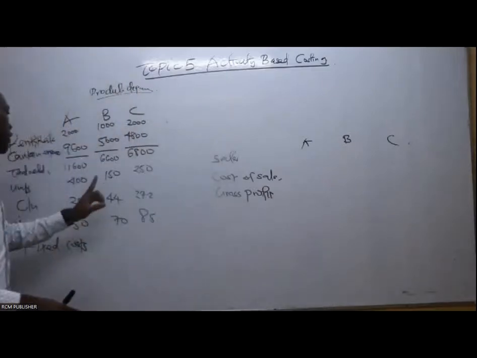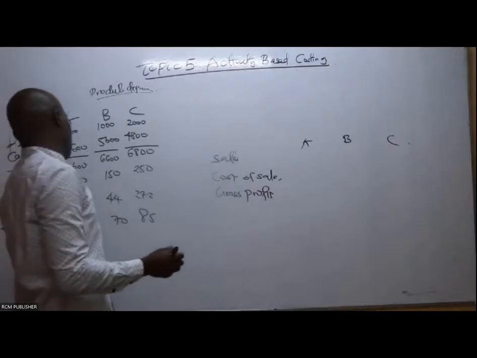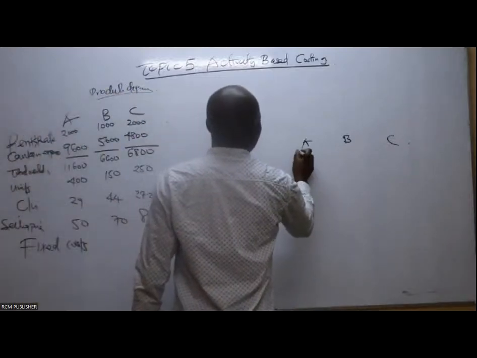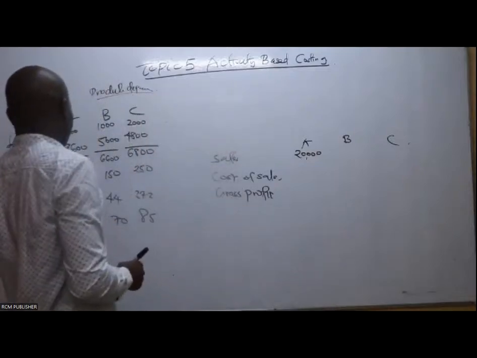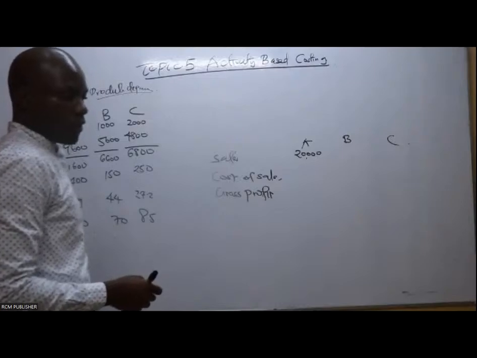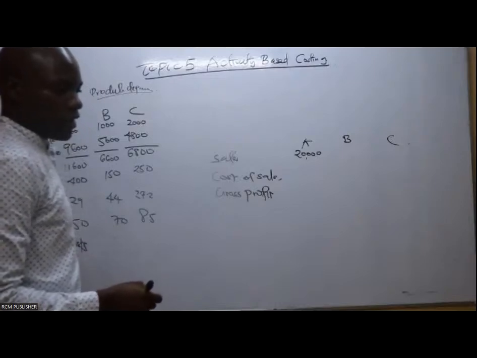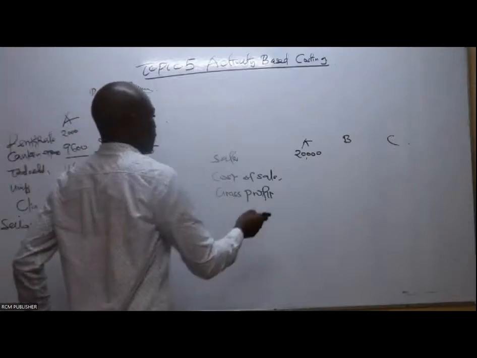Sales will be units multiplied by selling price. 50 by 400 will give us, is it 20,000? Great. 150 by 70. 150 by 70 will give us 10,500.